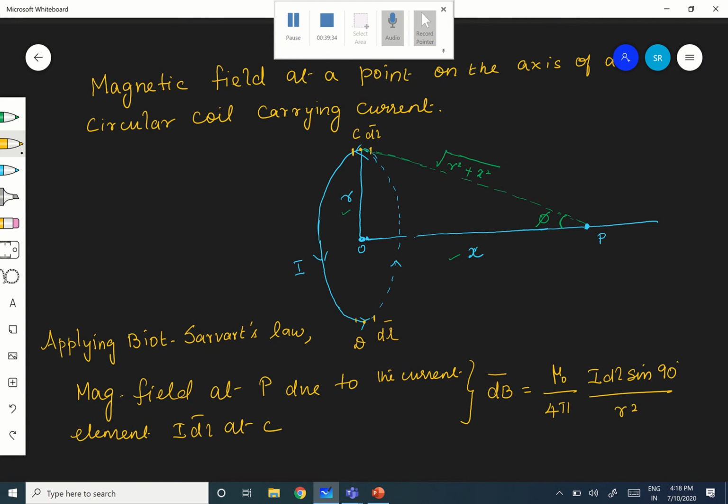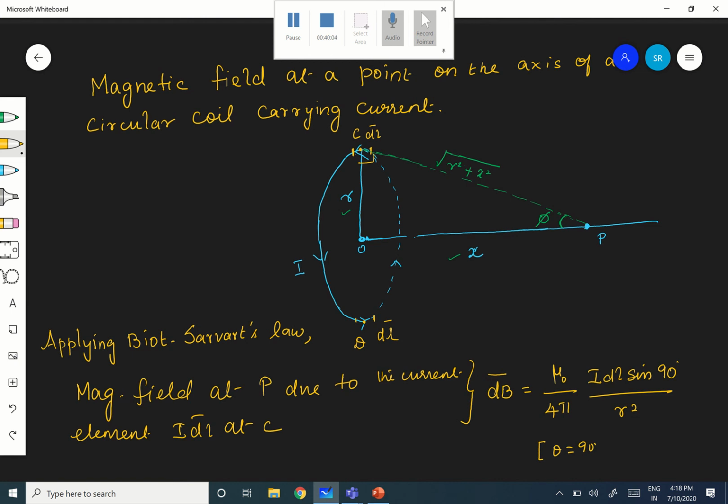Why is it sine 90 here? Because it is perpendicular. That's why I told you not to jump to conclusions. Theta here is equal to 90 degrees, this angle, because the coil is small, that is, the current carrying coil is small.